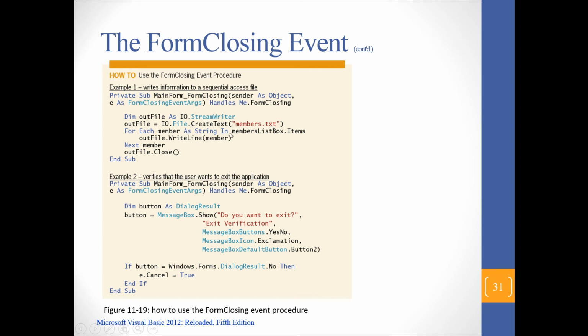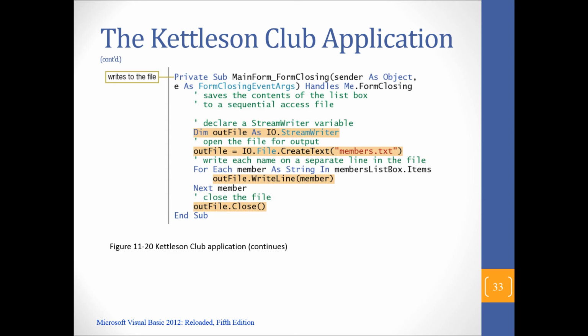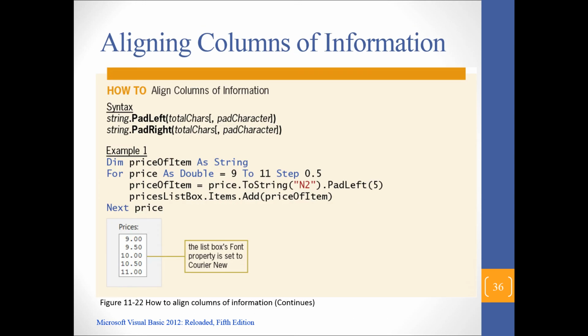So this one you just write it, save everything from the array to the text files, and then you close the application. This option here, you basically prompt a message to the user to ask them if they really want to exit or not, and you can read the response yes or no, and you can either choose to close the program, or if they say no, then you would just cancel that, and it would do nothing. It would just stay there and continue what it is doing. Okay, so that's another option.